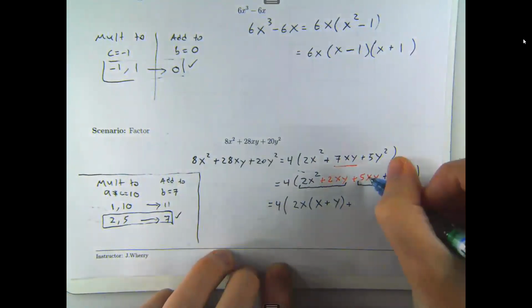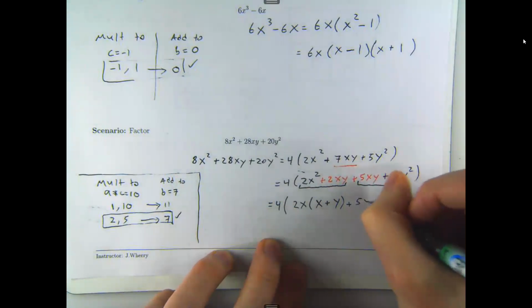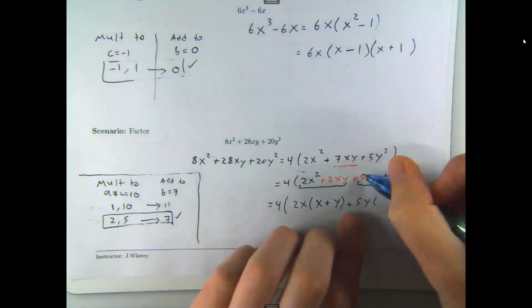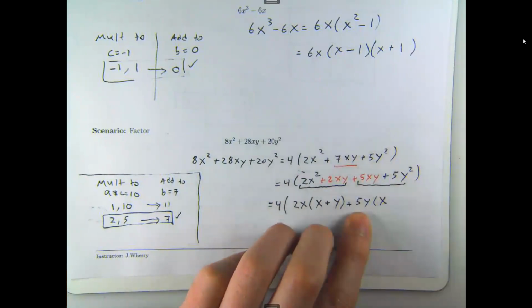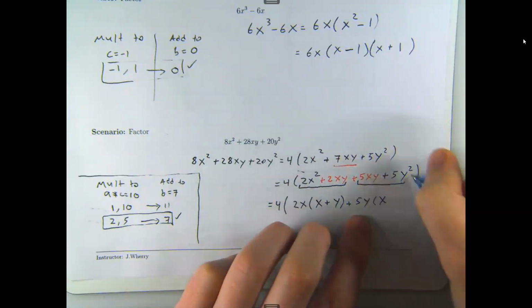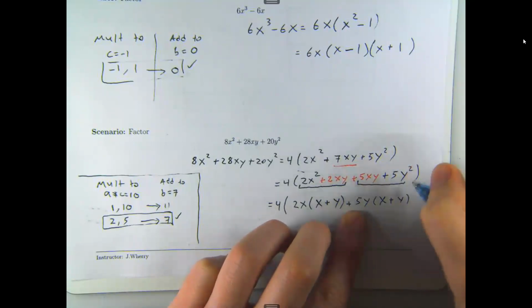If I'm looking at 5xy and 5y squared, these both have a 5y. If I've taken out the 5 and the y of the 5xy, I still have x left. 5y times y gives me the y squared, 5y squared.